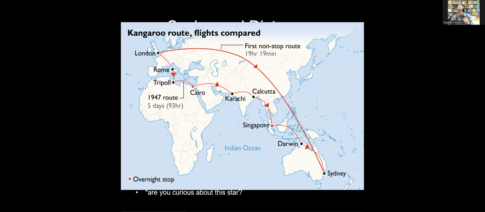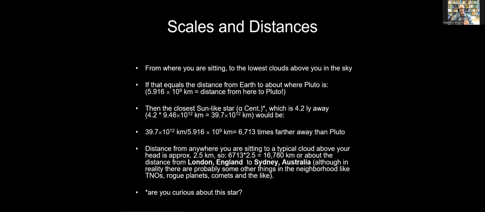So think about the difference there in the distance. In reality, there are probably things in the solar neighborhood like other trans-Neptunian objects besides Pluto, rogue planets, comets, even maybe a dark star. But the distances are vast.